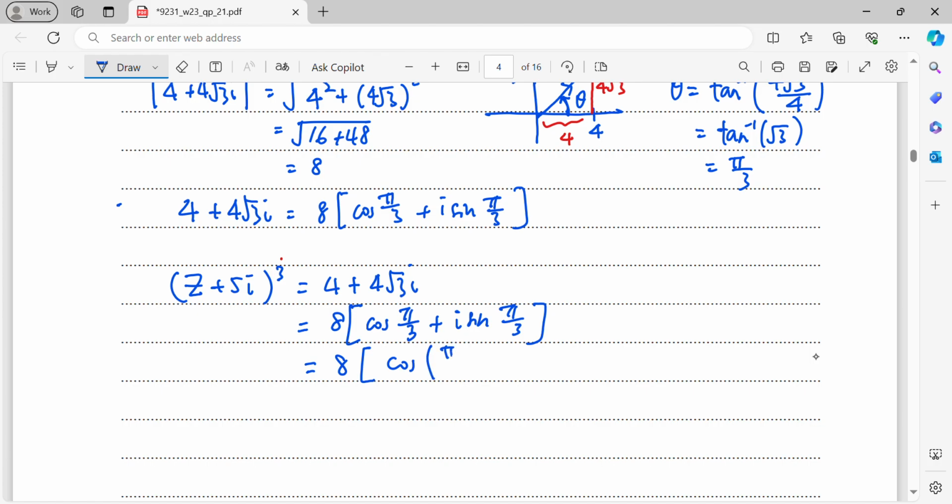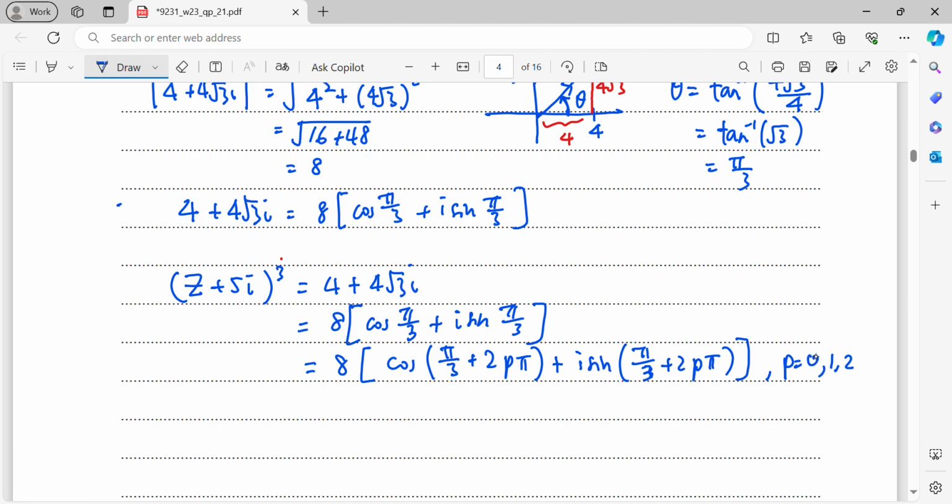That's why you can just write pi over 3 plus 2p pi. I add this because I need to find more than one root. So then your p will be 0, 1, 2, because that is the cube root.